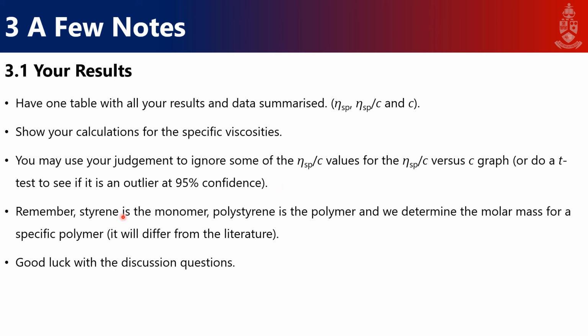Anyway, so you need to do that. Then just a note, remember styrene is the monomer and polystyrene is the polymer, right? So if you're going to Google the molar mass of polystyrene, then it's going to give you the molar mass of one styrene monomer.